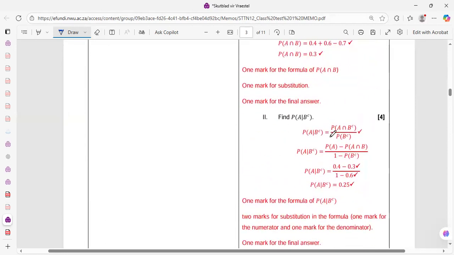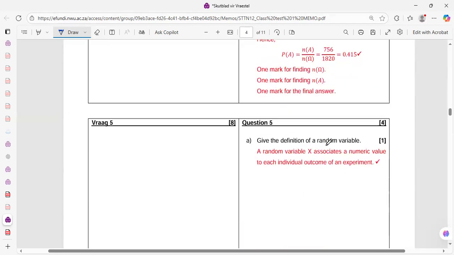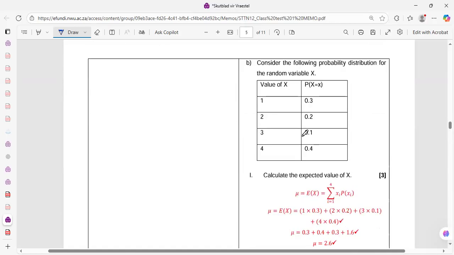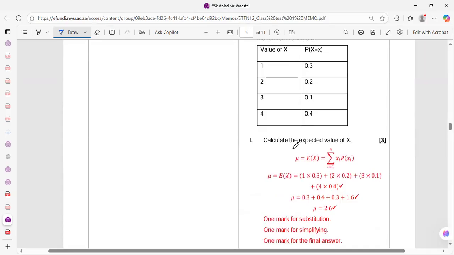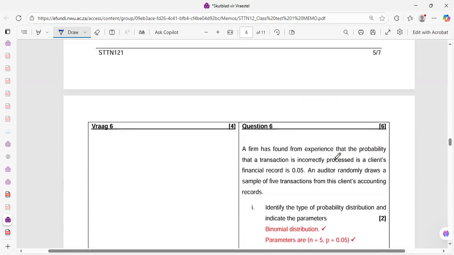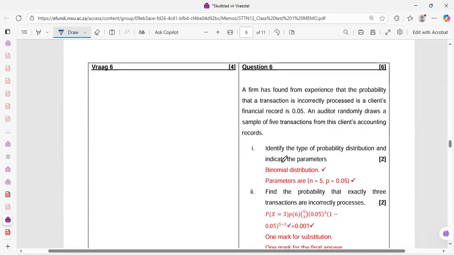You can try this one out, and also you can try question 5. Remember, I told you to know the definition of a random variable. Even this one is interesting. I showed you on the 2022 paper how to get the EX: you multiply by this one, multiply by this one, and then you will get this. And this one also, I think it was on part 1 and part 2.